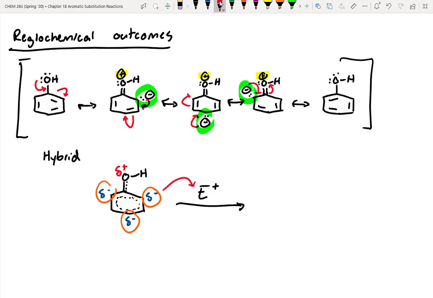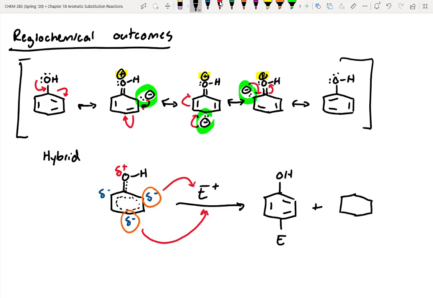So you could show either one of these acting as your nucleophilic source. The one over on the left-hand side is symmetrically the same. So what you might expect in the end is to get an electrophile installed down here and an electrophile over here. Both of these seem like reasonable pathways or reasonable products based on the resonance structures for our starting material.